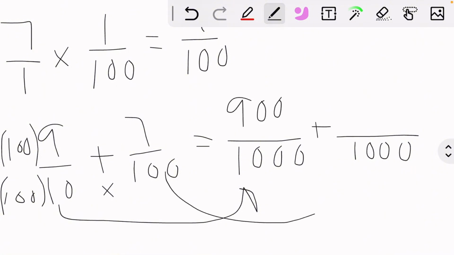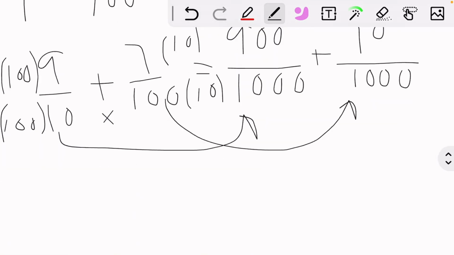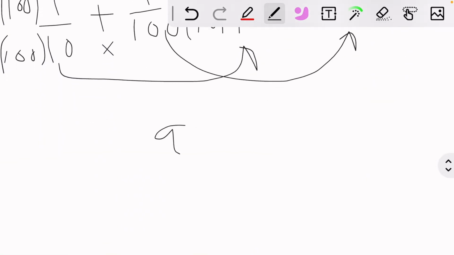And for this one, we started with 100 on the bottom, and we ended with 1,000, so that's times 10. We scale that by 10, so we do the same thing to the numerator. So that's going to be 70. So after we add these, we get 970 over 1,000.